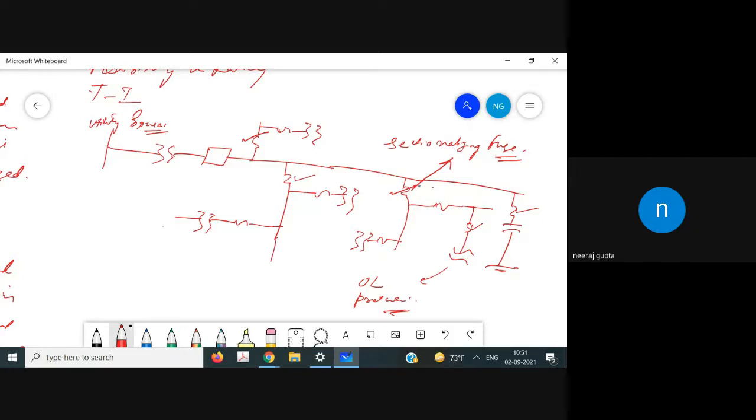Let us suppose that a fault occurs within the system. It is the responsibility of this sectionalizing fuse to disconnect that part of the system. We have to make sure that the minimum interruption would be there. These fuses are used to divide the system into smaller sections, which can then be isolated from the rest of the system.